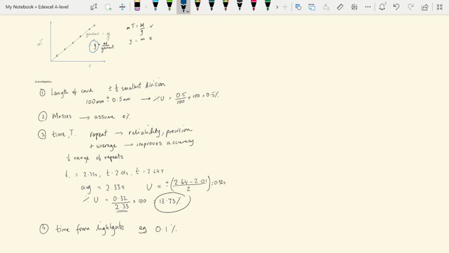When you calculate with measurements that have uncertainties, you have to start compounding them, and this is the reason why we calculate the percentage uncertainty. So we're going to look at, first of all, what is the percentage uncertainty and therefore the uncertainty in the gradient that we got in our graph at the top there. So the gradient is produced by the change in y over the change in x.